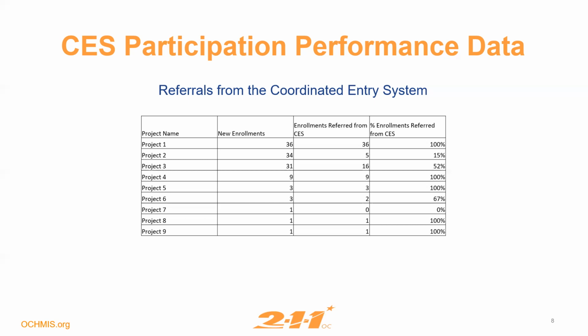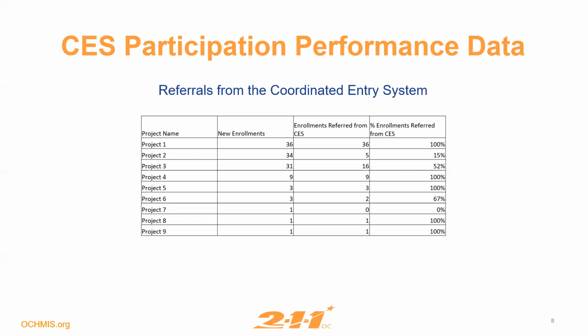So we noticed that we're having poor performing projects coming around this next NOFO, and it's largely because of enrollments from non-homeless situations. And it's those families that are adding members to their household who are housed because they were with grandma. So I want to just make sure, if this is going to be new performance data possibly in the NOFA system, that that would be a difficult thing for us, we can't say no to those.